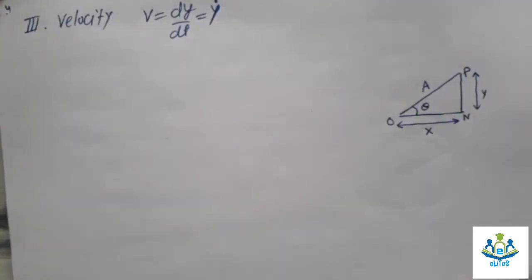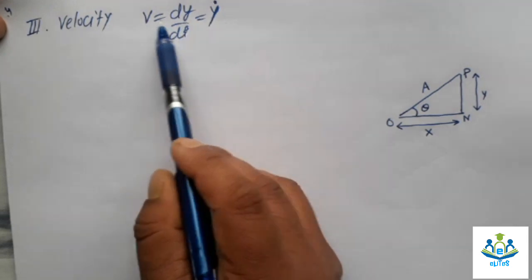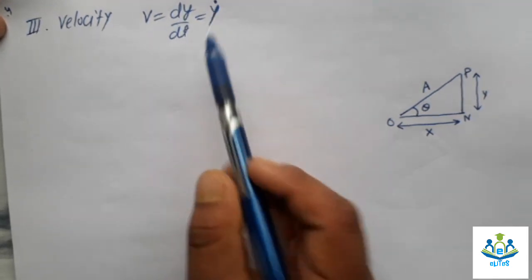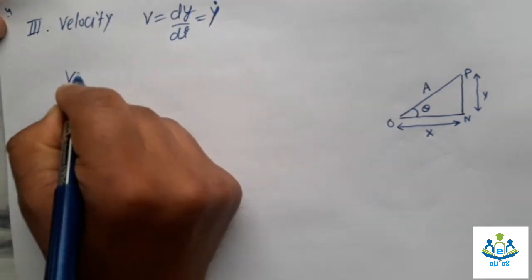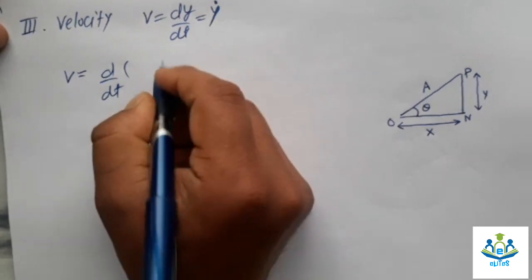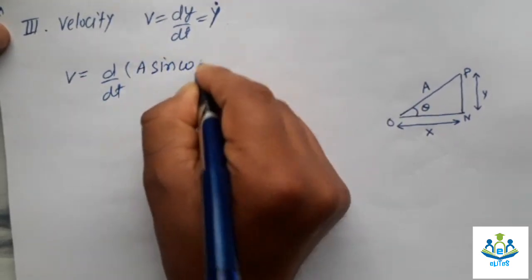Now velocity. We can find the velocity of the particle executing simple harmonic motion by simply differentiating the displacement. What is displacement? a sine omega t.